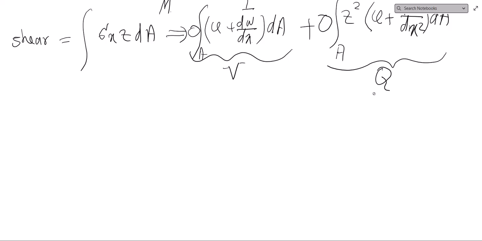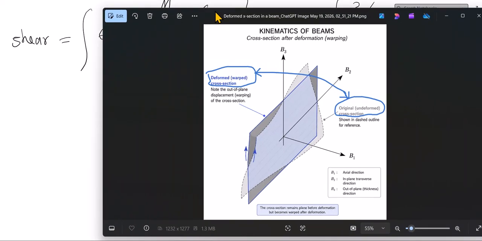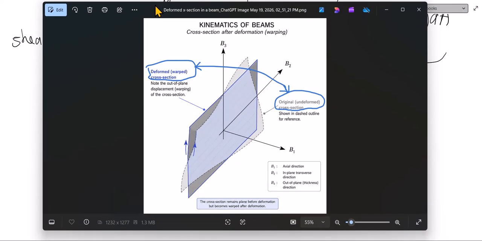Okay, maybe here a sketch would be useful before we go further. That's a sketch that I tried to develop using some AI sketching, and I try to bring it to the screen here.